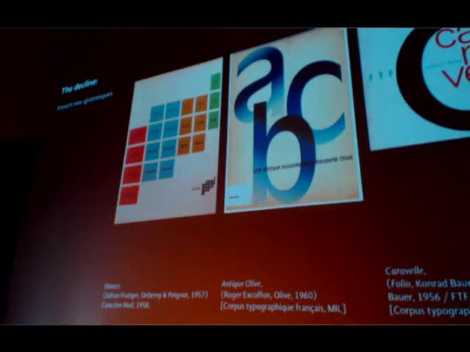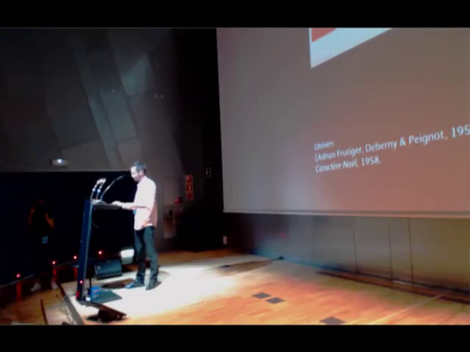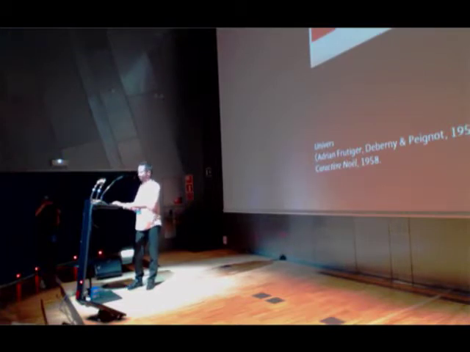The decline of the Graphie Latine started when all the international foundries, including the French ones, started to sell lineals and neo-grotesque typefaces, like Universe from Adrien Frutiger for Deberny & Peignot in 1957, Nord and Antique Olive from Roger Excoffon for the Fonderie Olive de Marseille in 1958 and 1960, and Caravelle, which was actually Folio from Bauer, distributed by the Fonderie Typographique Française in 1960.